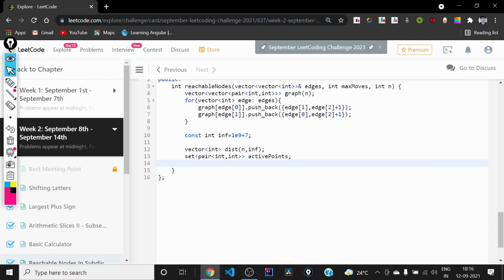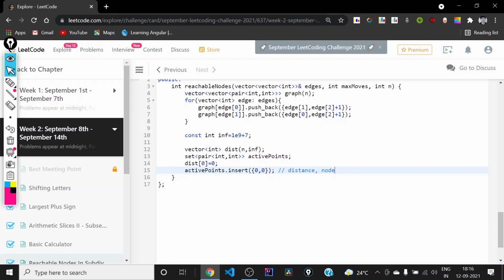So I'll be setting the distance of node 0 as 0, and I will then push this. I will have to use insert because it is a set. I'll push the node and its distance. The first member in this pair is the distance, and the other is the node.